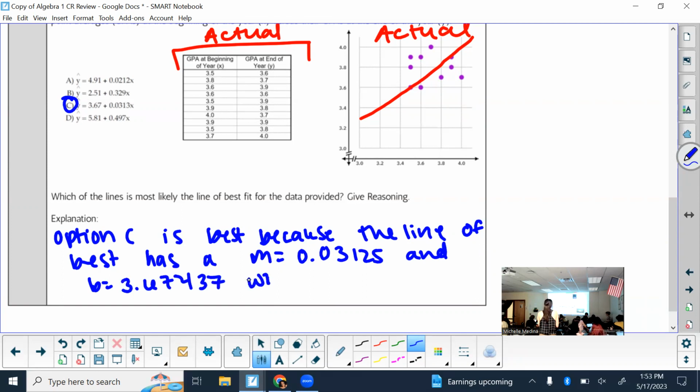Which is closest to, or closer to option 2. Something to that effect. So where you have to look at the slope, look at the y-intercept, decide which one is the closest, and then pick that one.